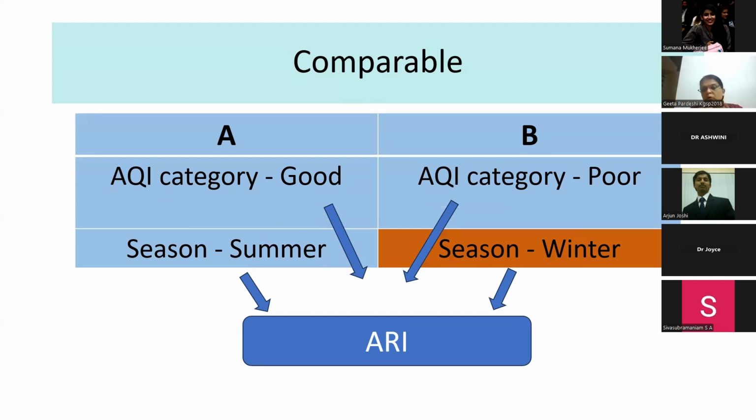You really don't know whether these numbers differ because of the difference in the AQI, or because of the difference in the seasons, right? So you have to be sure that the two groups which you are comparing are comparable with respect to all important variables except the exposure category. And that is what I mean by saying that groups which you are comparing should be comparable.